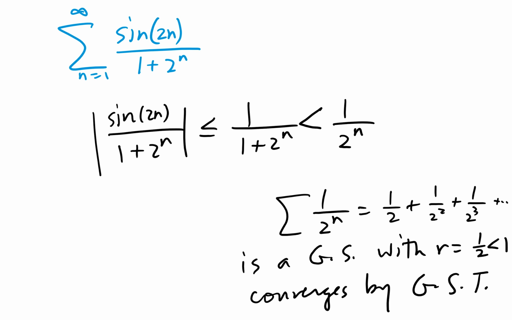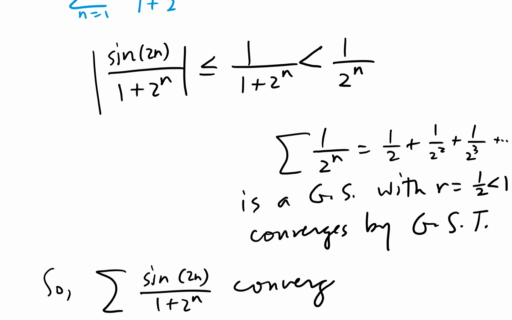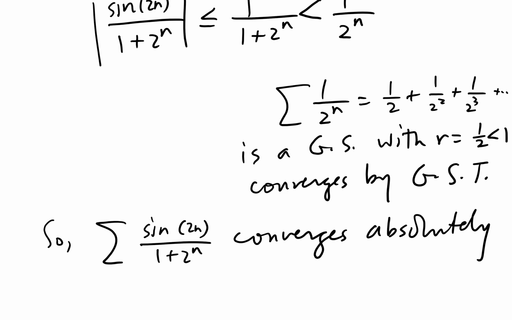If the bigger one converges, what happened to the smaller one? Then when we take the absolute value of it, we say it converges absolutely. And there's a theorem in the previous section that says if a series converges absolutely, it converges, by one of the theorems.